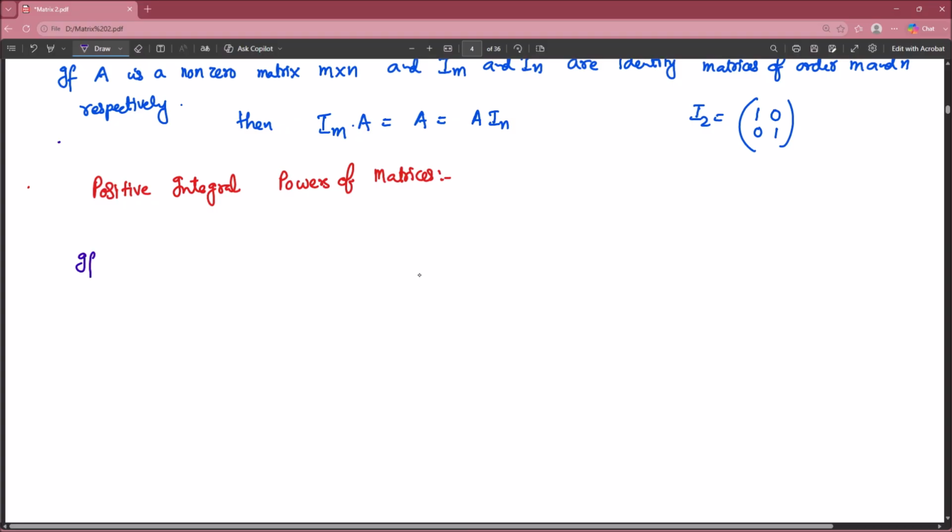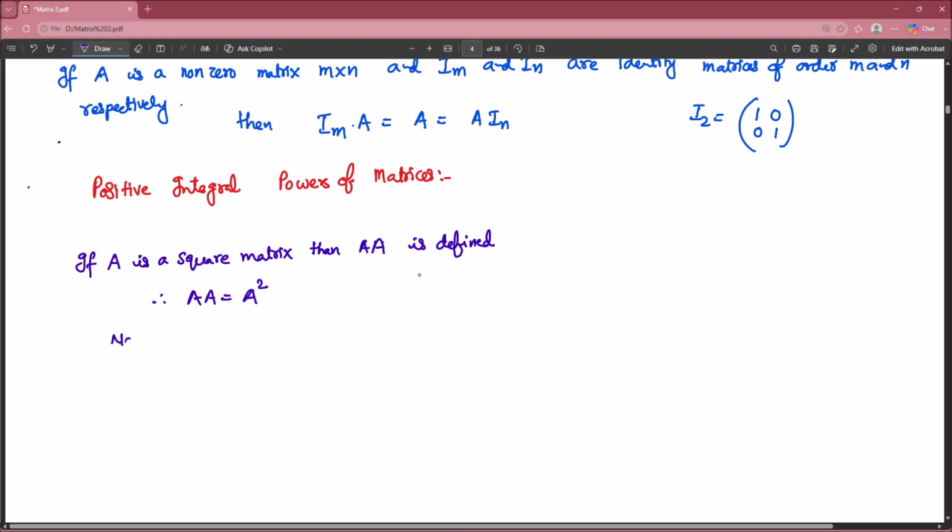So, if capital A is a square matrix and A into A is defined, in this case, A into A is equal to A square.